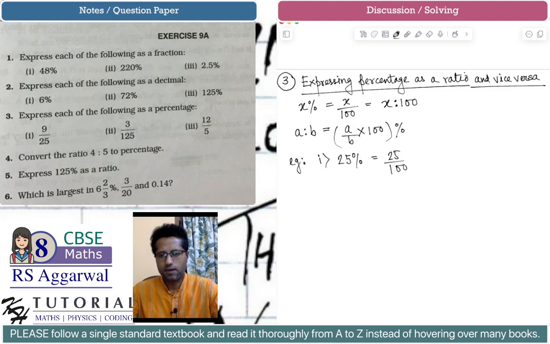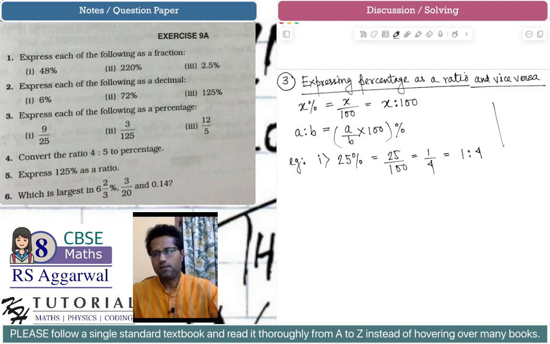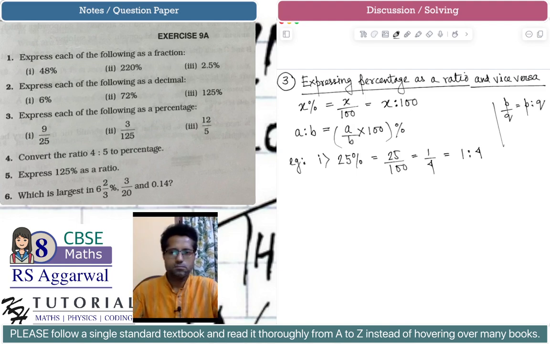In this case we can, and it becomes 1 by 4, and hence the ratio will be 1 is to 4, because any fraction p by q, where q is not equal to 0, can be expressed as the ratio p is to q.